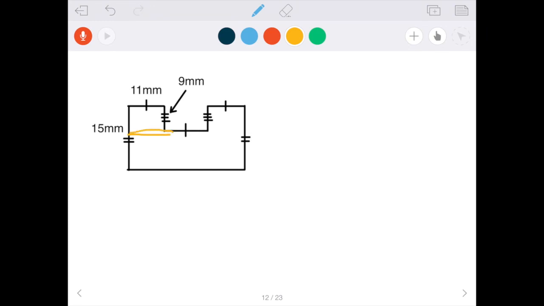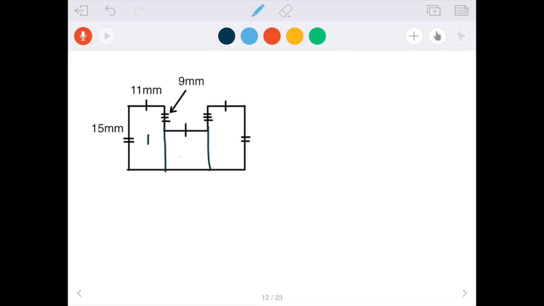I can draw a line here, whoops, and here, 1, 2, 3. Or I can draw a line here, make a whole rectangle, and then find this rectangle and subtract it out. Kind of do like one of those shaded area problems, all right?